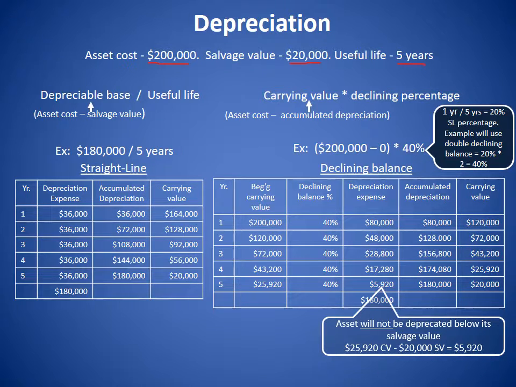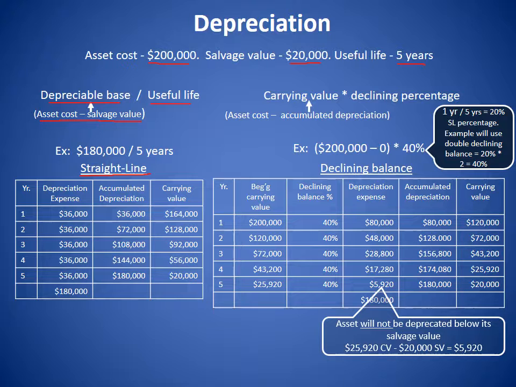So let's first start with our straight line depreciation calculation method. Again, our formula is our depreciable base divided by the useful life. Now remember, our depreciable base equals our asset cost minus our salvage value.